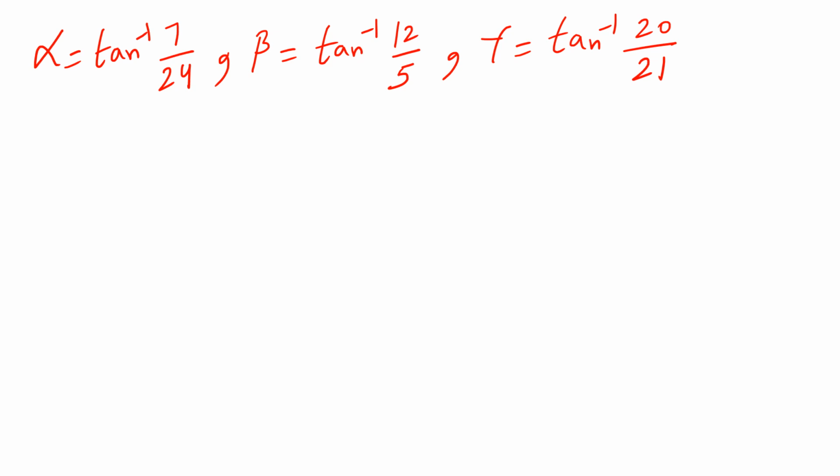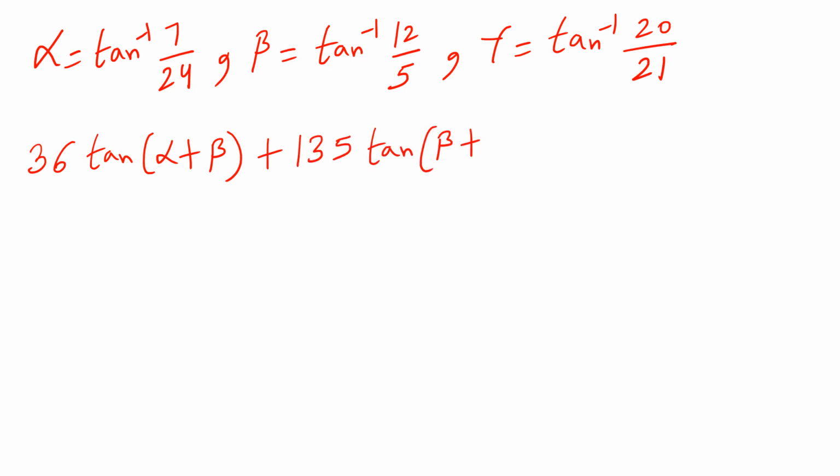Now we can easily find the value of the required expression, and the required expression is 36 into tan of alpha plus beta plus 135 into tan of beta plus gamma plus 1092 into tan of gamma plus alpha.